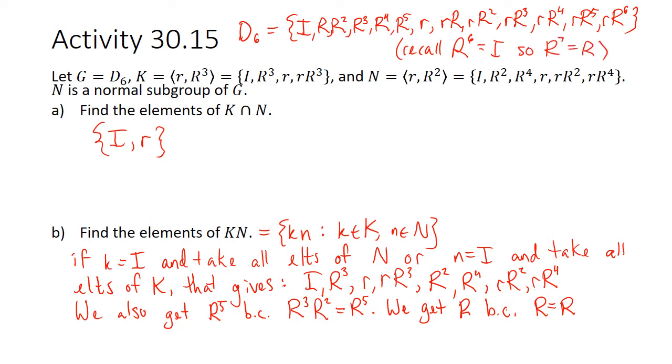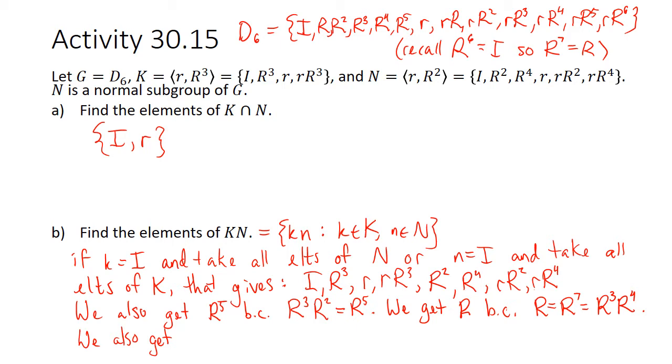So r is equal to r to the 7, and we can get that by doing r cubed from K times r to the 4th from N. And then let's see, what are we still missing? Let's see, what else? Little r times r cubed.